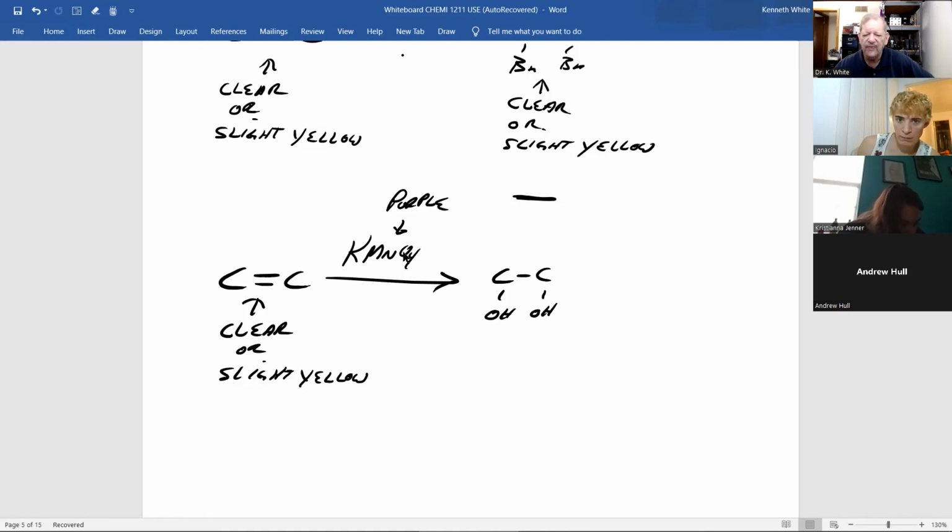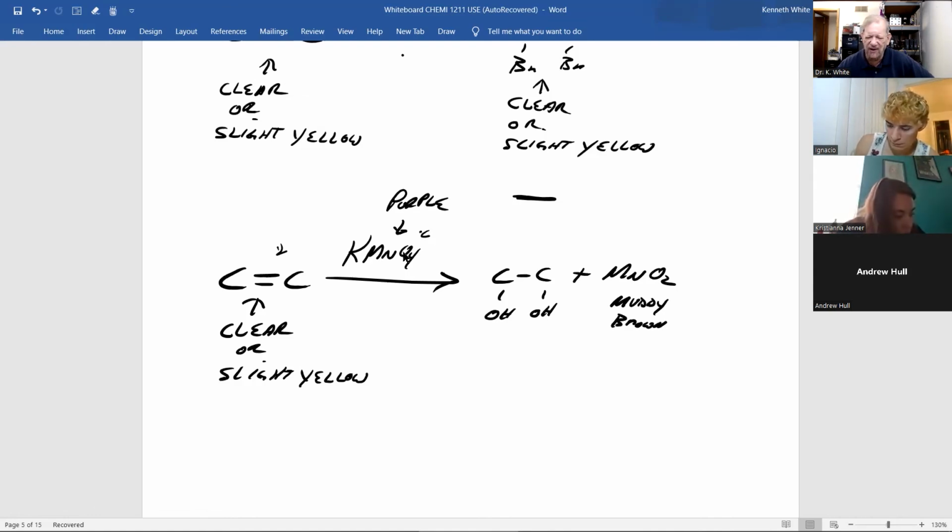And then this is called an oxidation-reduction reaction. This is oxidized, this is reduced, and you get manganese dioxide. MnO2, manganese dioxide, the best way I can describe what it looks like is a muddy brown color.